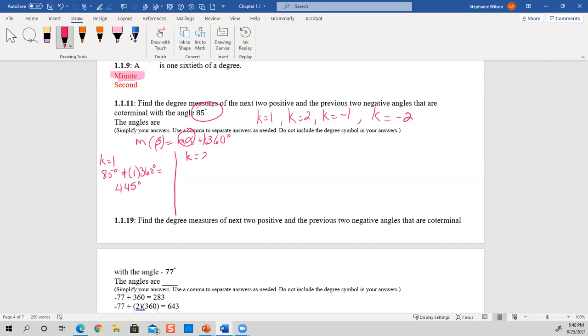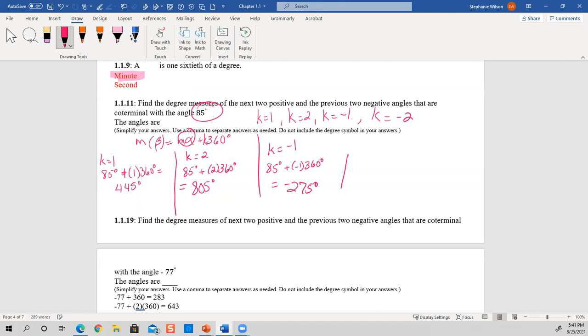So now we're going to plug in when k is 2. Anybody tell me what you get on that one? 805. Yes, very good. k equals -1. -275. That's what I got so far. We're good.